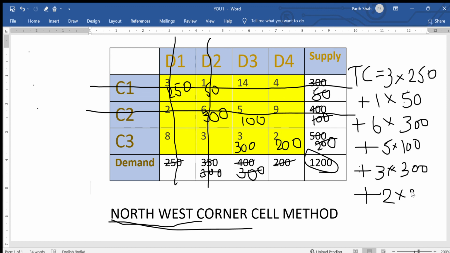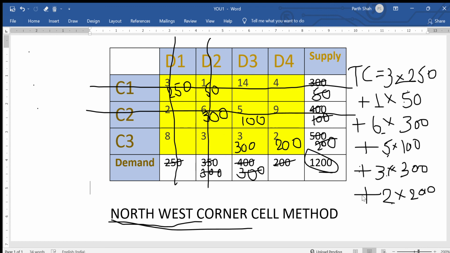See, there are 6 allocations, so we have 6 terms.